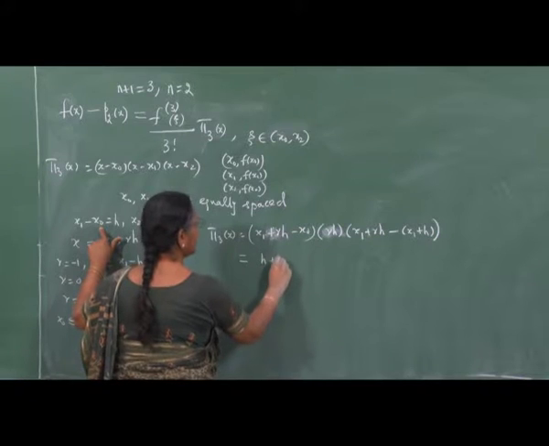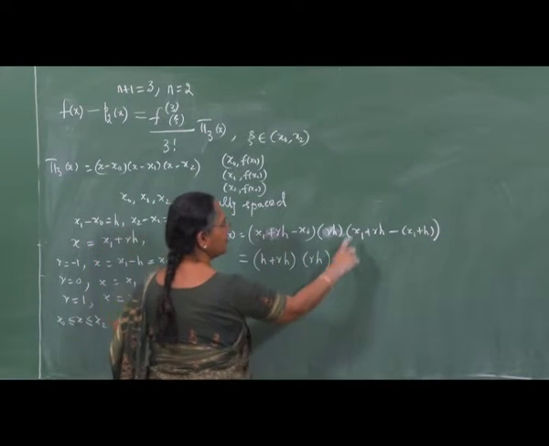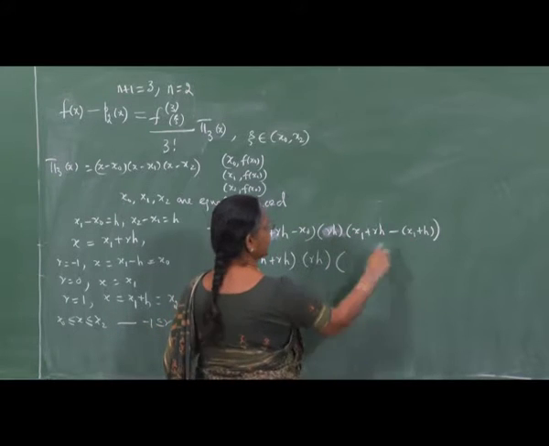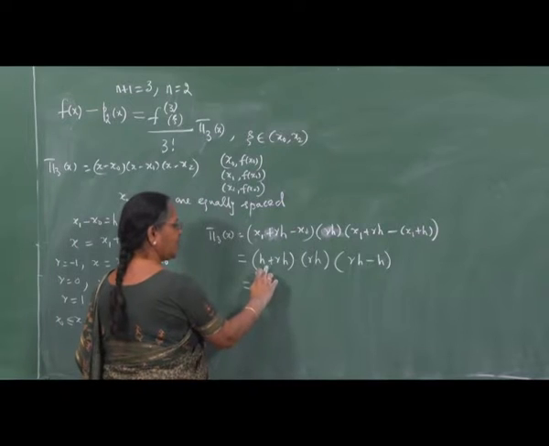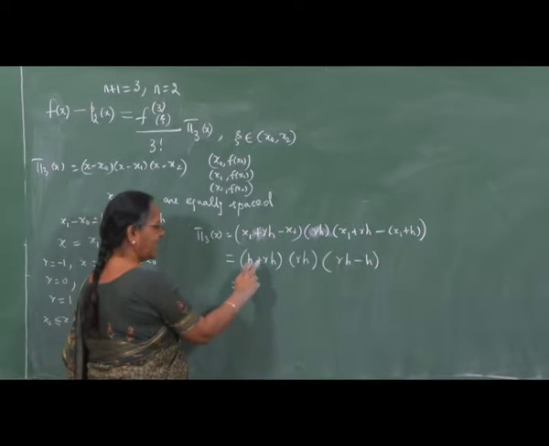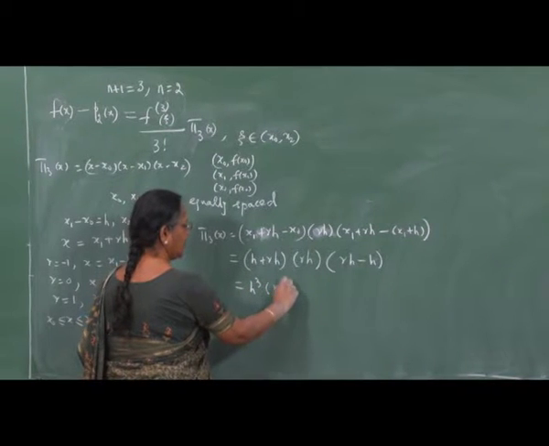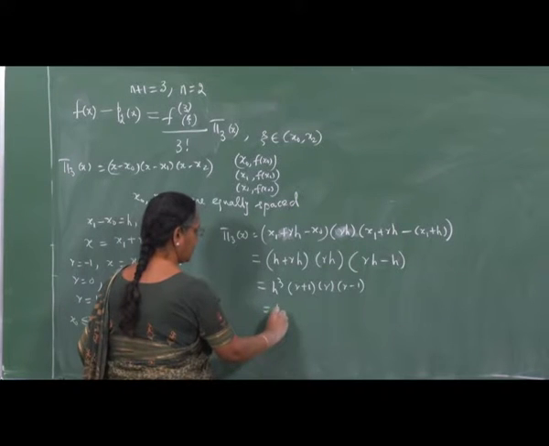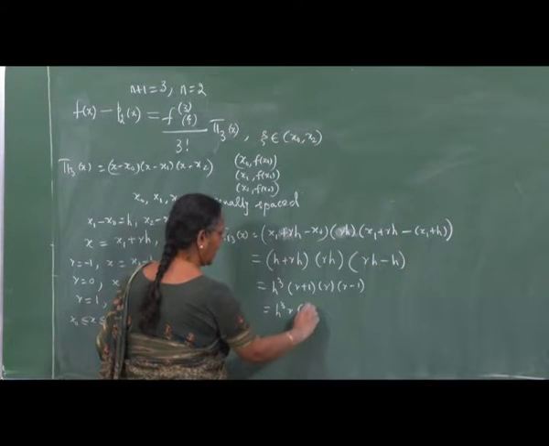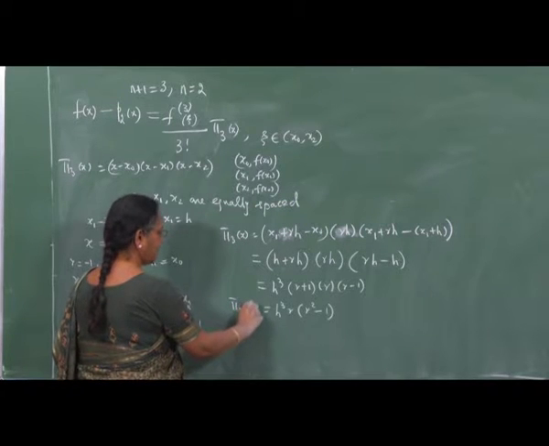So, h plus rh into rh into, x1 gets cancelled, so I have rh minus h. So, taking the factor h from each of these, I have h cubed into r plus 1 into r minus 1. So, h cubed into r square minus 1, and that is pi 3 of x.